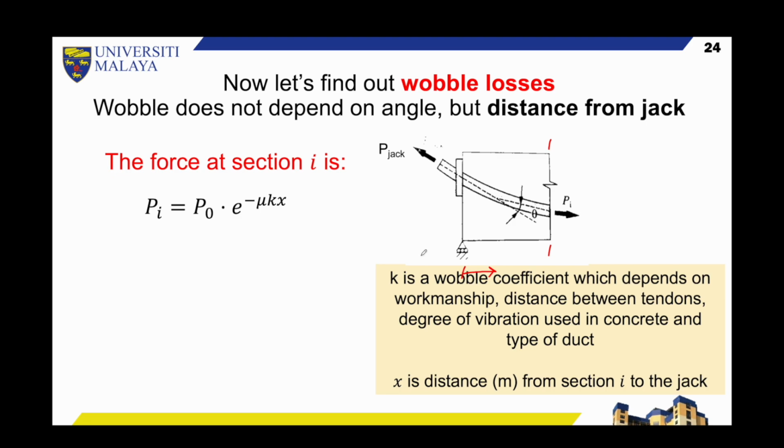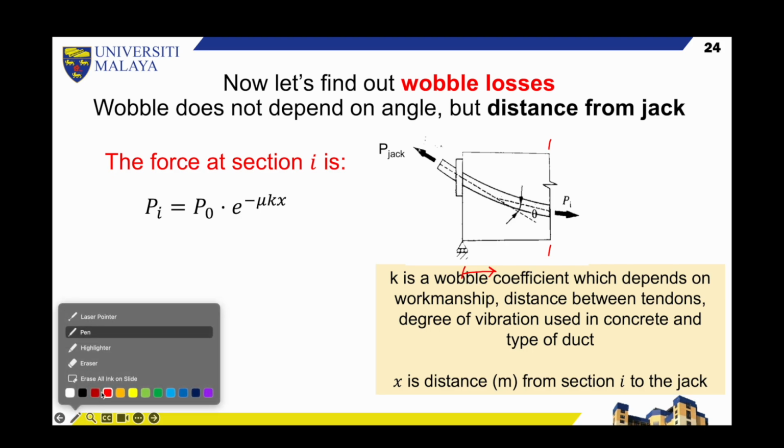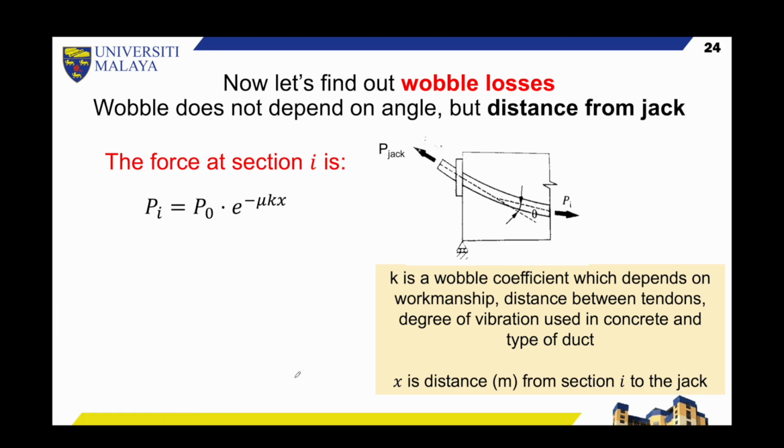It is the distance between the tendons, the degree of vibration using concrete, and the type of duct. It is a very abstract or very multivariable factor, but we can have some assumptions on it. X is just the distance of the section to the jack. So it's just basically that distance there.